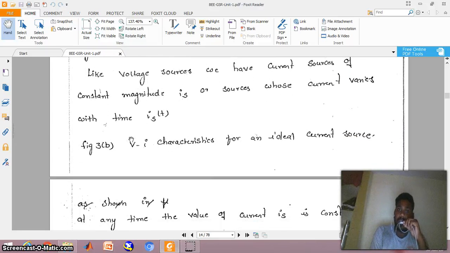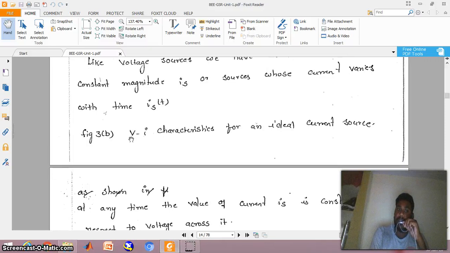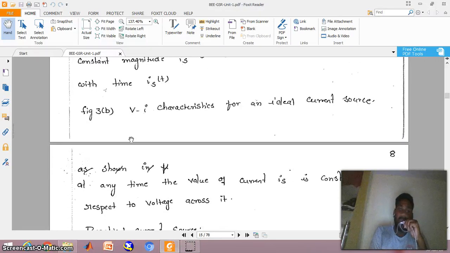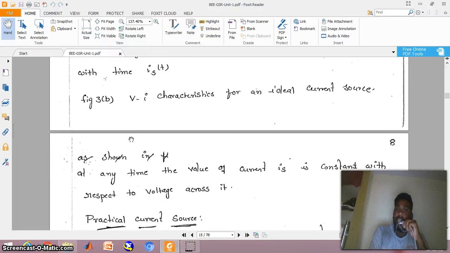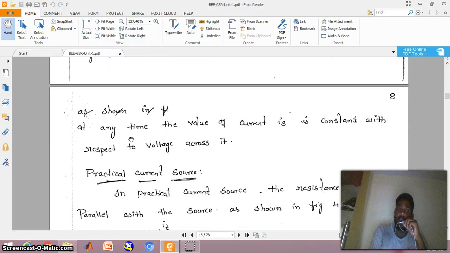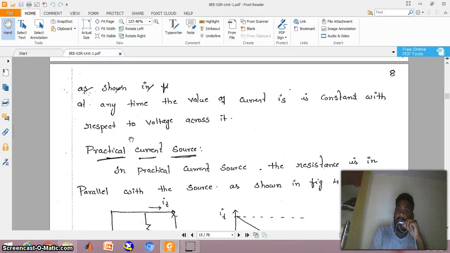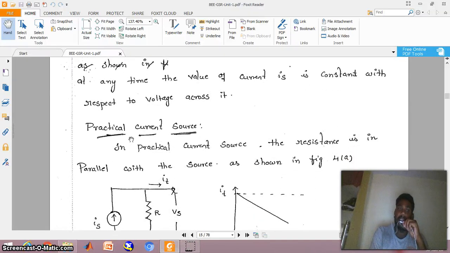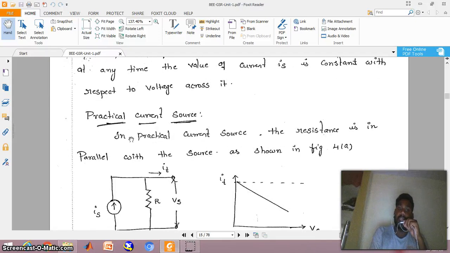Like voltage sources, we have current sources of constant magnitude Is, or sources whose current varies with time. Figure 3b is the VI characteristics for an ideal current source. At any time, the value of current Is is constant with respect to the voltage across it.